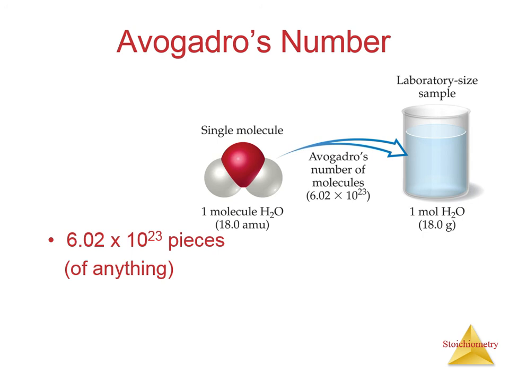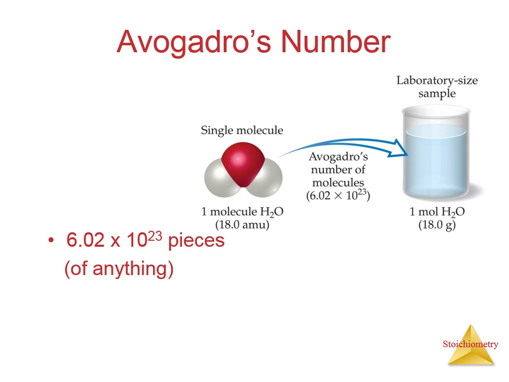6.02 times 10 to the 23rd is a lot of pieces. Why do we use a mole to describe a quantity in chemistry, like bakers use a dozen? People that do office supplies talk about a gross, which is 144. Why do we use a mole in chemistry? Atoms are itty bitty, right?